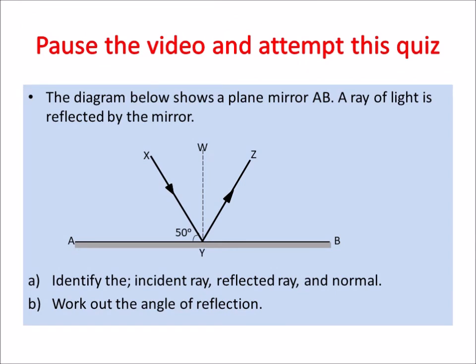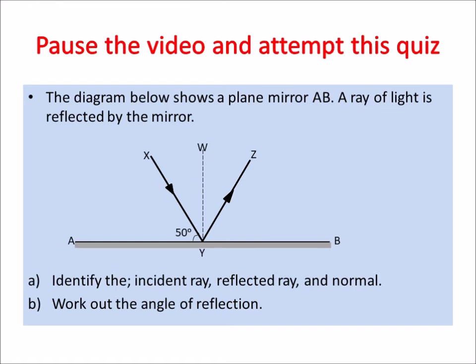You can now pause the video and attempt this short question here. So it reads as shown in the text there. Then we have the diagram. There is the ray XY, there is the ray YZ, there is the line WY, and of course we have the mirror line AB.